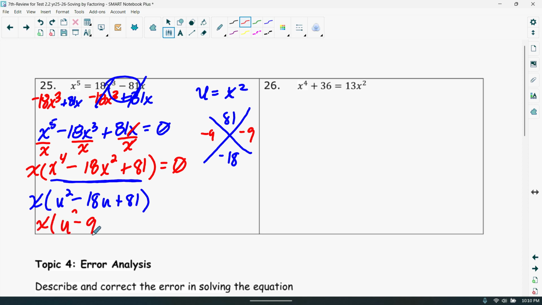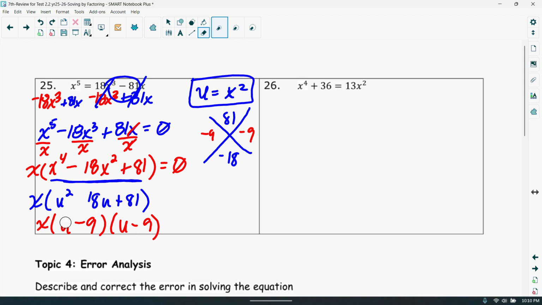I'm left with u minus 9 and u minus 9 as 2 factors of that. I forgot the minus. And then I could substitute right here, since u equals x squared. I could change those u's to x squared, which is what I had written before.